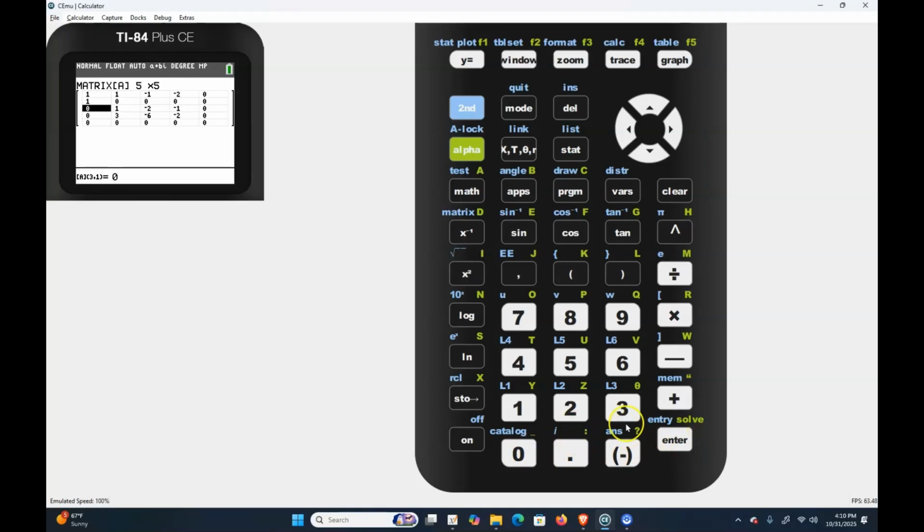Third row is 3, 3, negative 4, negative 4, and negative 1, 0, 1, negative 1, 0, negative 2, and last row is 0, 1, negative 1, negative 1, and 0. Hit second and quit.